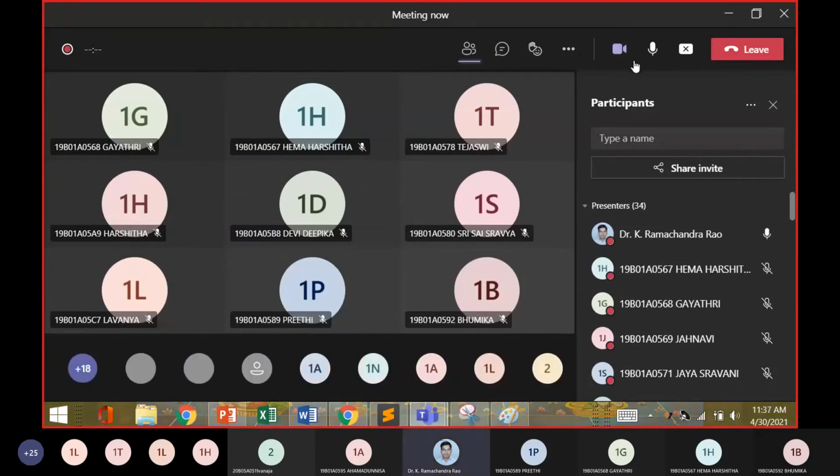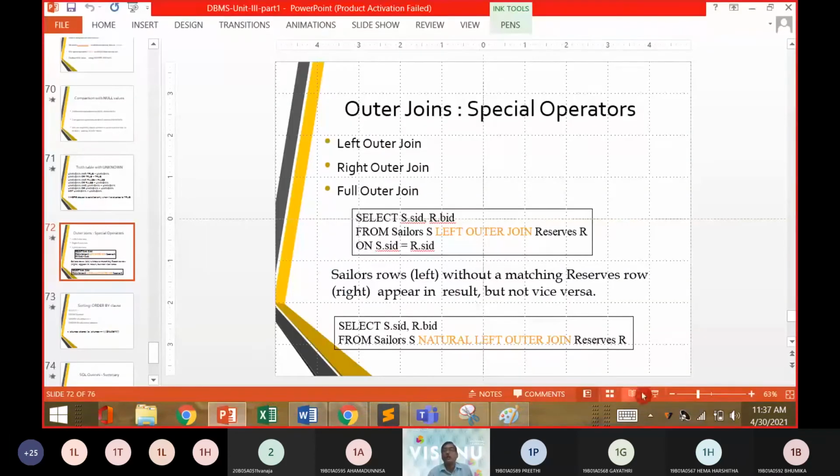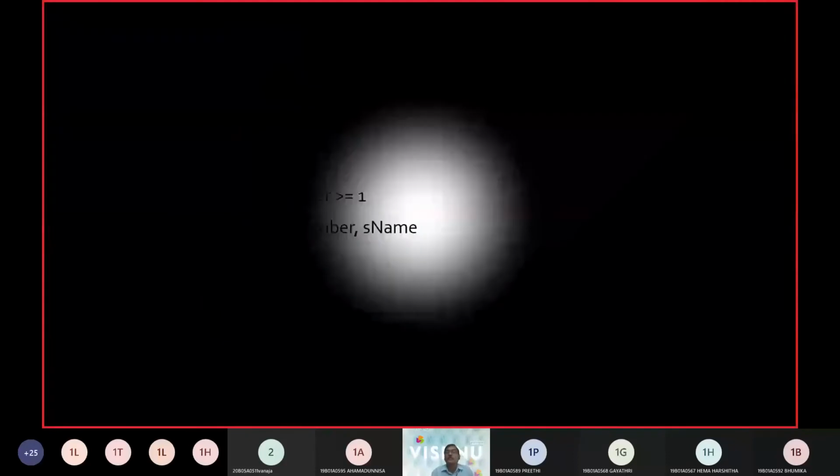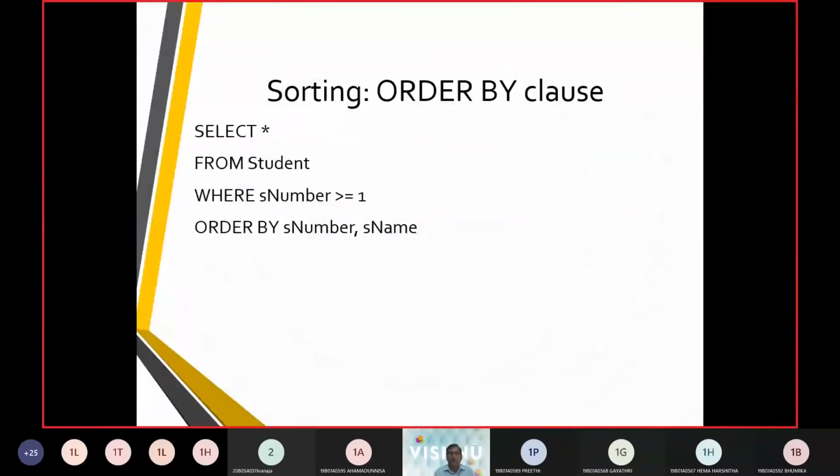Next one. Another interesting thing is that after group by, the next one will be the order by.